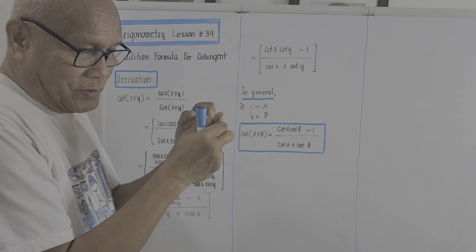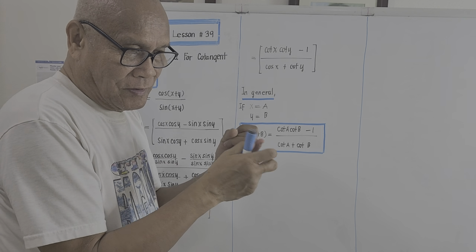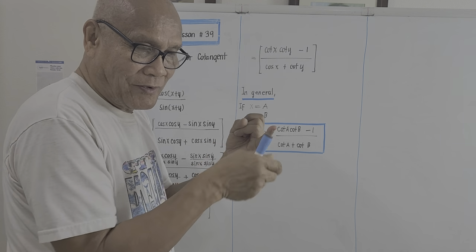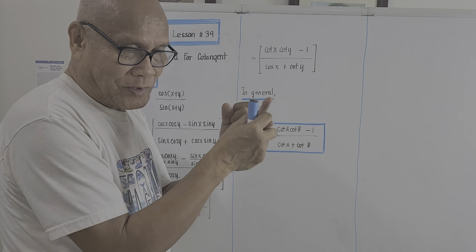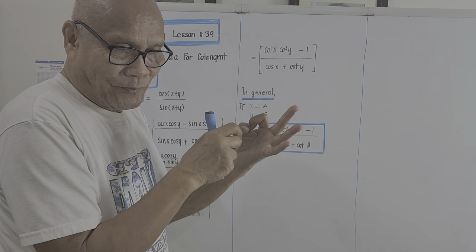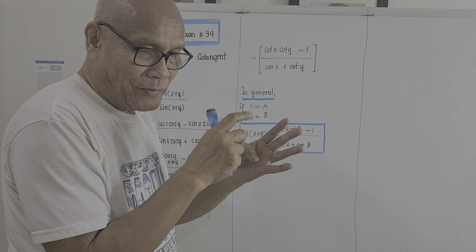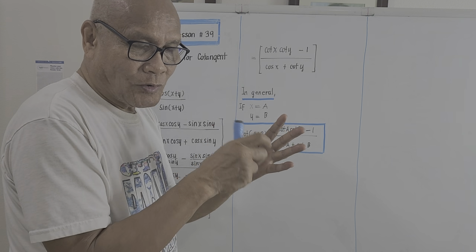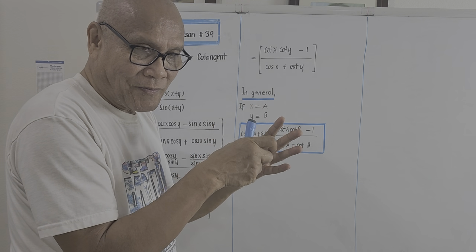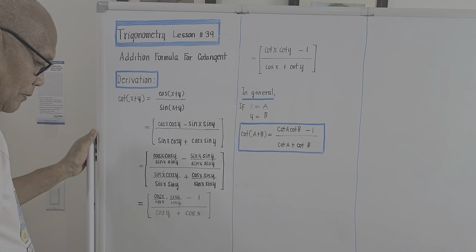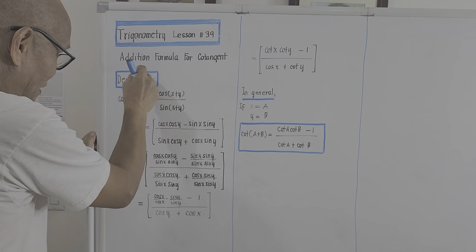We are now through with the sine, cosine, sine of sum and difference, cosine of sum and difference, tangent of sum and difference. For this morning, we will be deriving the formula for the expansion of the cotangent of the sum of two angles.